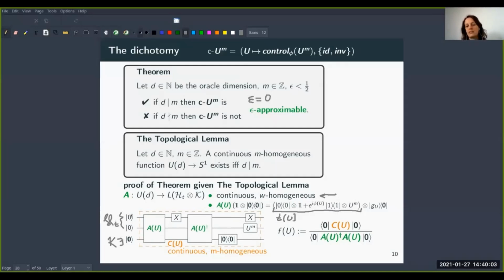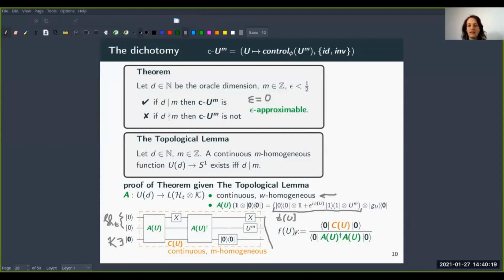And the task Hilbert space I split into the control and the target. And the circuit itself contains Pauli X flips of the control. And at some point, there is a projection onto the all zero state of the ancilla.